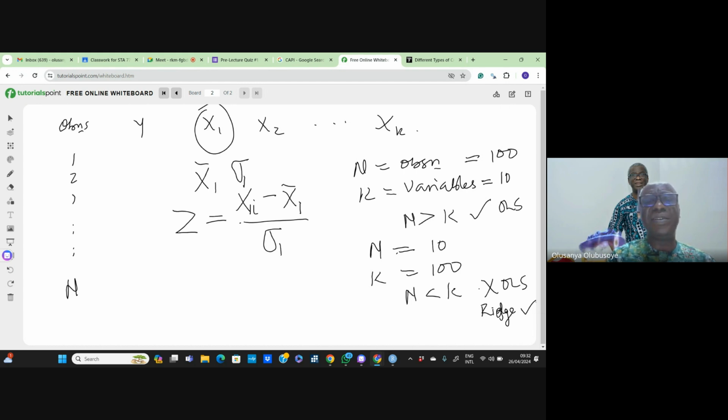So this is the formula for standardizing the variable.